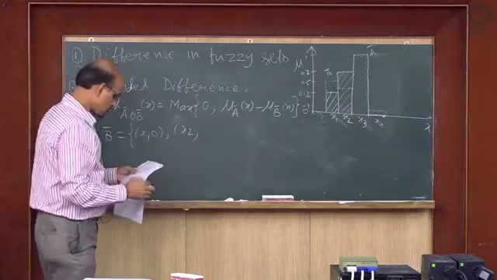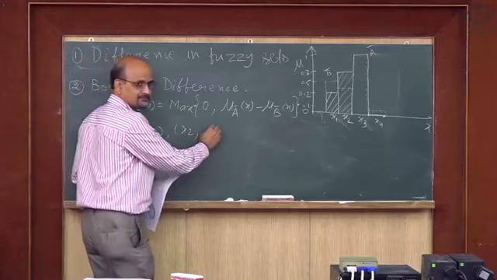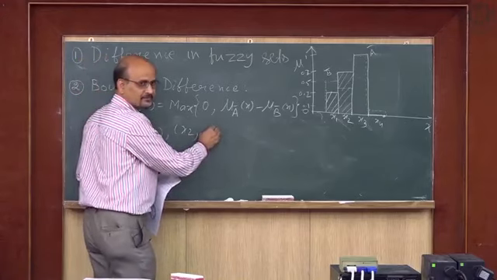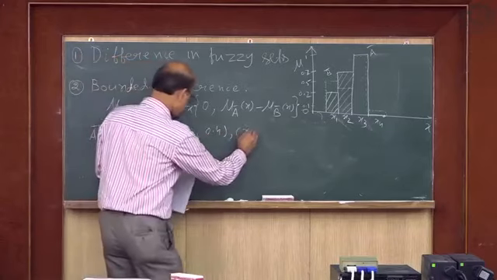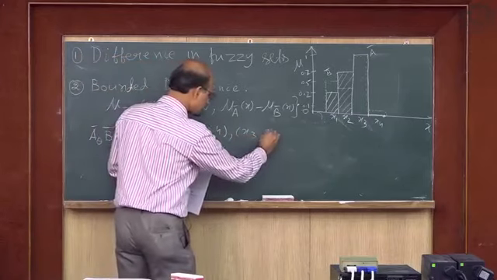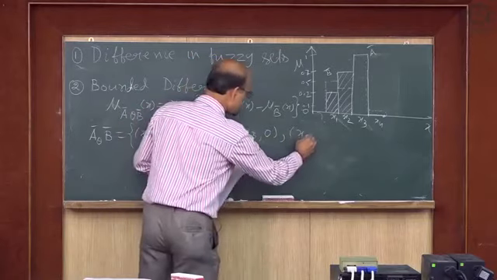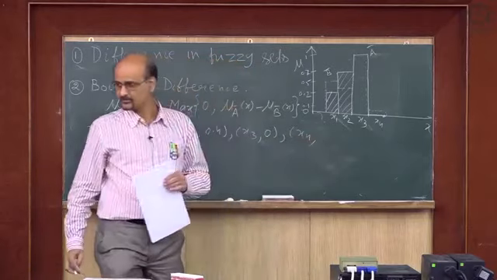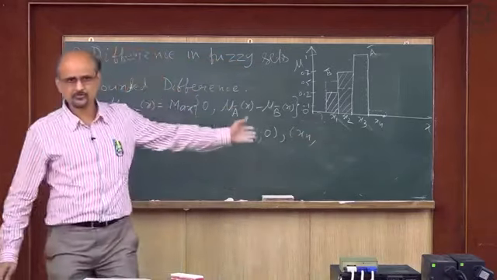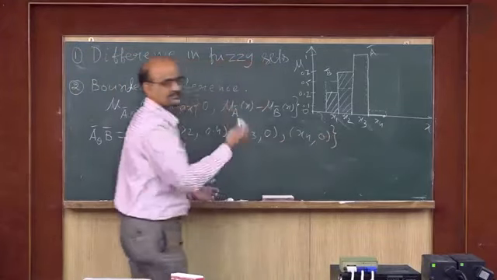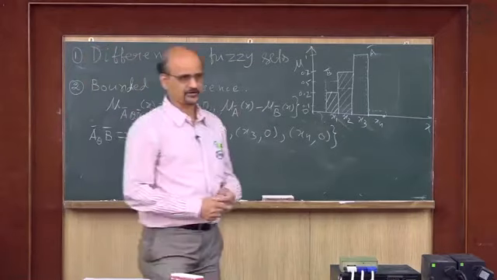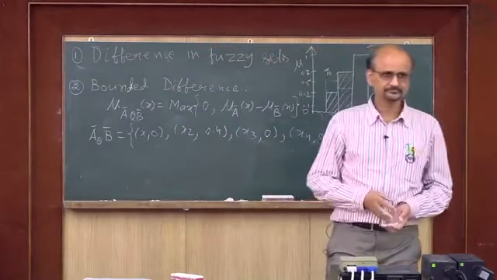Okay? x2 0.7 minus 0.3, it is positive. So, maximum is 0.4. x3 as 0. x4 again 0 because 0 minus 0.1 is negative. So, it is 0. So, in this case this is the bounded difference.